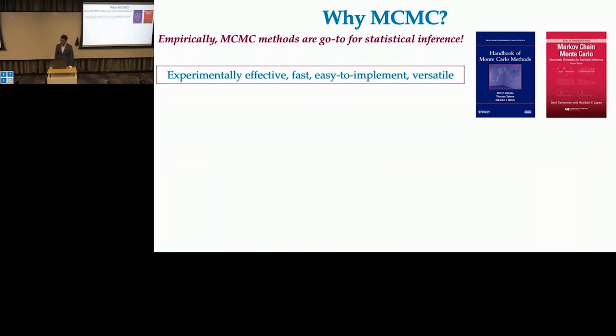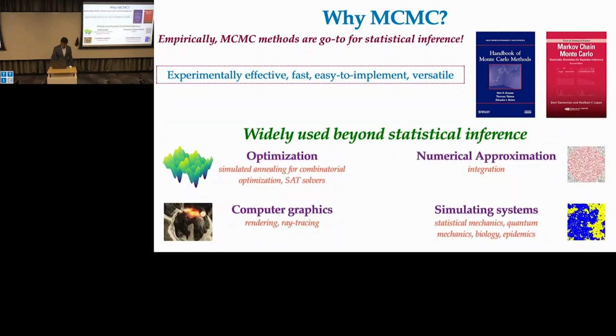They're really effective, really good at inference. They also run really fast. They tend to be fairly easy to implement. And they're also fairly versatile in the sense they can be adapted to new problems pretty easily. In fact, they're so versatile that they're also used well beyond the realm of inference, such as in optimization or integrating functions or simulating physical systems.